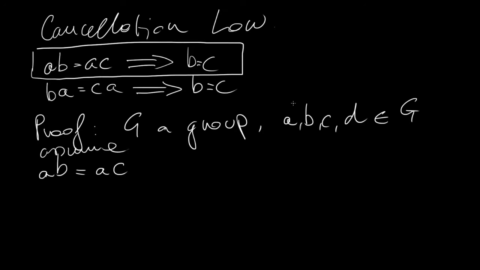First, remember, by the definition of the group, every element of the group has an inverse. So all these elements have inverses that are in the group. So let this be the inverse of A, such that A inverse operated with A is equal to the identity E.